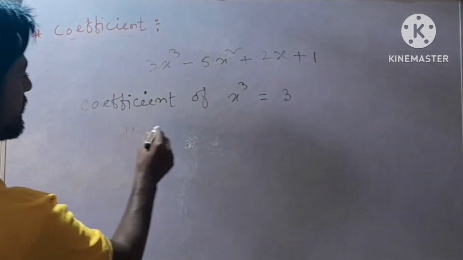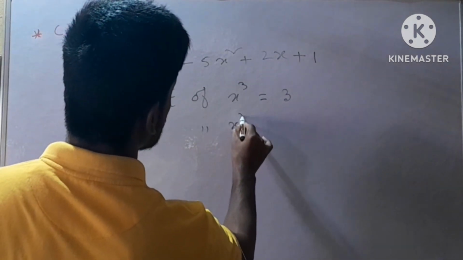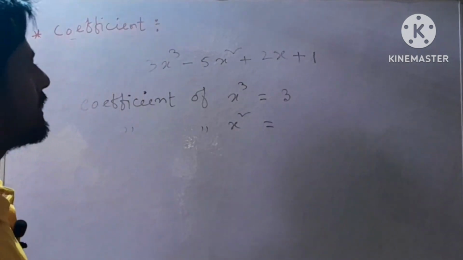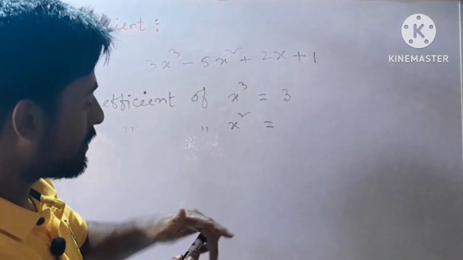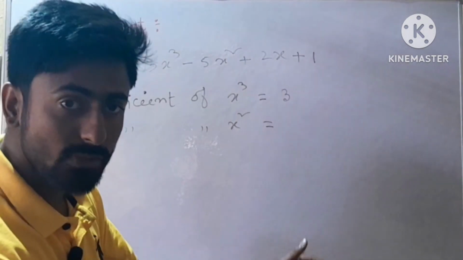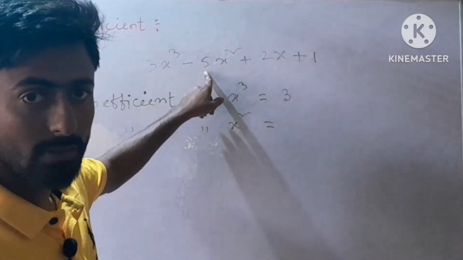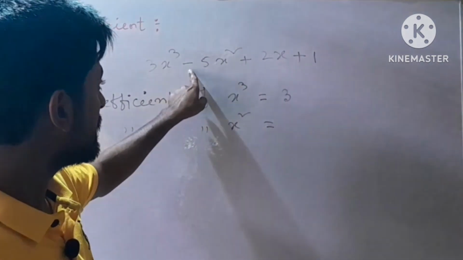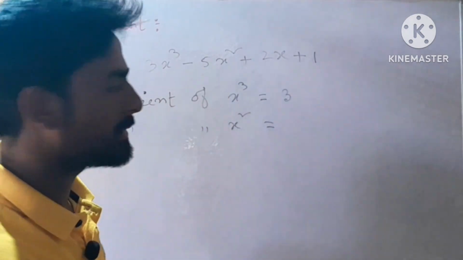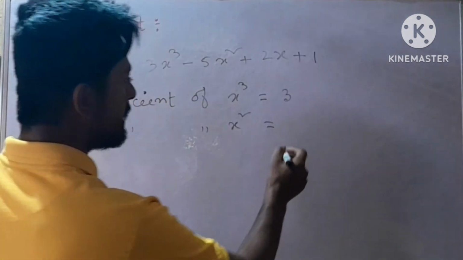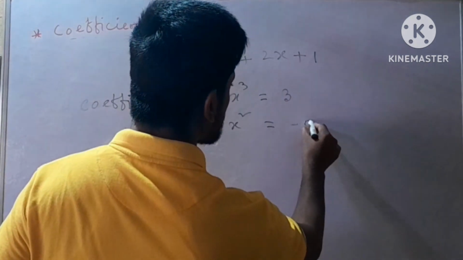Next, coefficient of x square, you see which number is multiplied with x square? 5. Not only 5, you have to say minus 5. So coefficient of x square will be equal to minus 5.